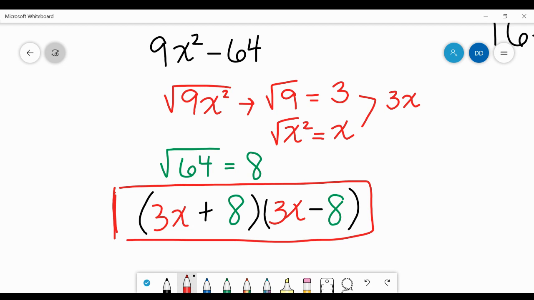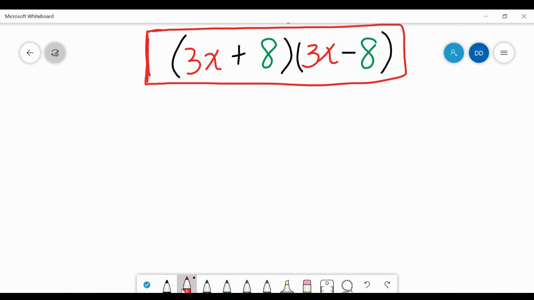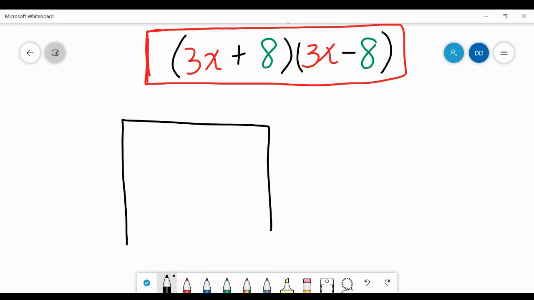And that's our answer. A good way to check is to distribute this out or do the box method. You should end up with what you started with. So let's do that real quick. And I'm going to do the box method for this one. So I'm going to set this up.